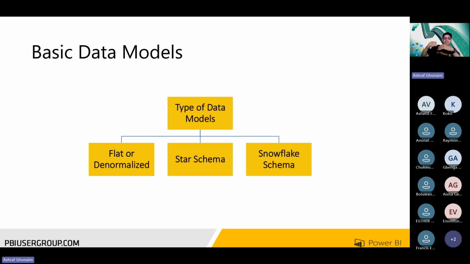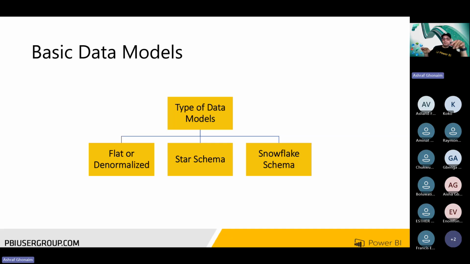So you have multiple layers of dimensions before you hit the fact table. Of course, that is not clear to understand now because you still need to understand the star schema first before you understand the snowflake schema. But just keep in mind, those are the three types of data model.